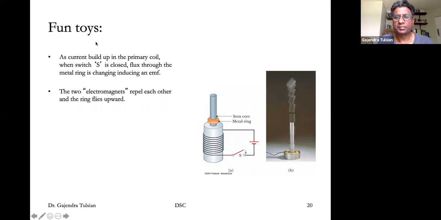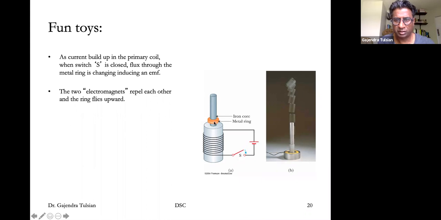You might have seen a toy like this. It illustrates Lenz's law. So here's a coil, here's a battery. When you close the switch, the current in this coil goes from 0 to whatever maximum value fairly quickly. And as soon as current passes, this produces a magnetic field. And here is a metal ring.